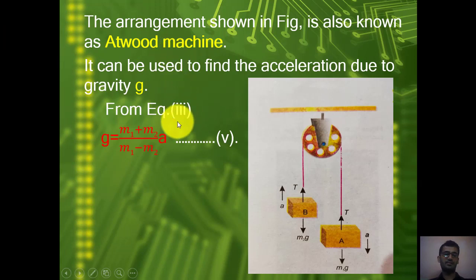From equation number 3, we can find the value of gravitational acceleration as g is equal to m1 plus m2 over m1 minus m2 multiplied by a, and that is equation number 5. Students, this was the Atwood machine. I hope this lesson will be quite helpful for you to understand the topic.